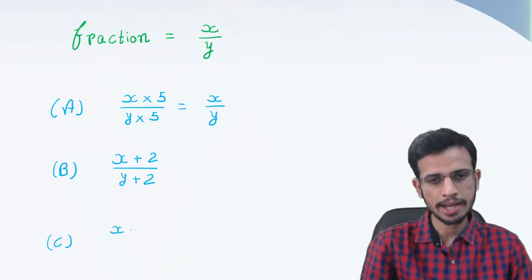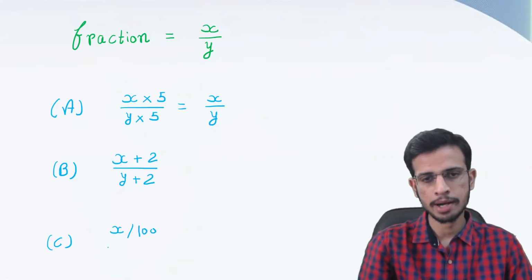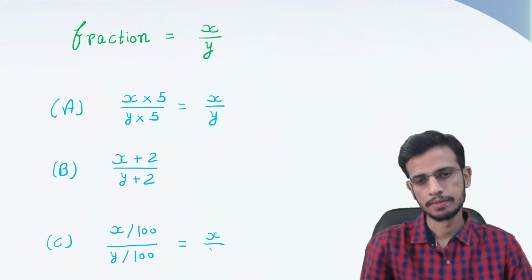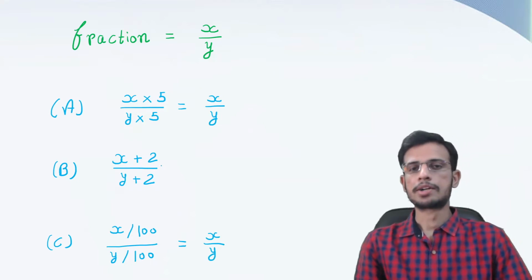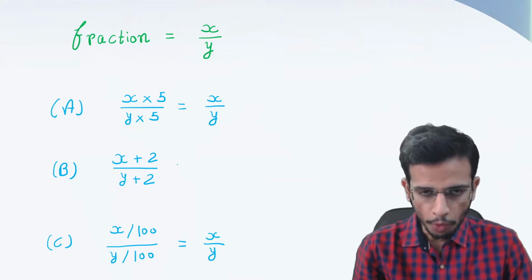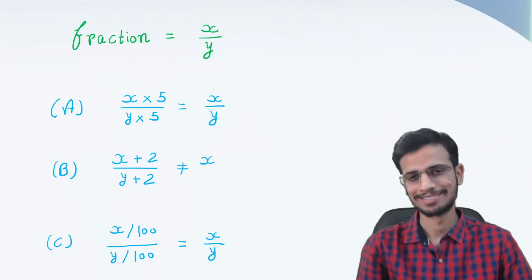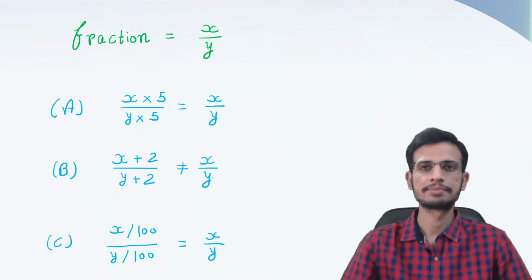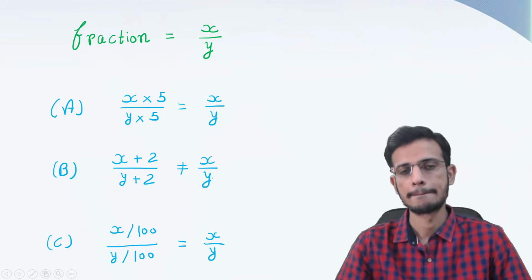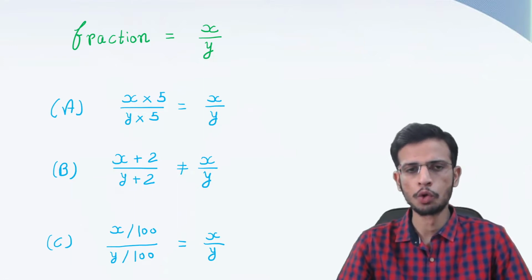It will become x by 100 divided by y by 100, which is x by y. But option B won't be equal to x by y for all values of x. It's not true for all the values of x and y.